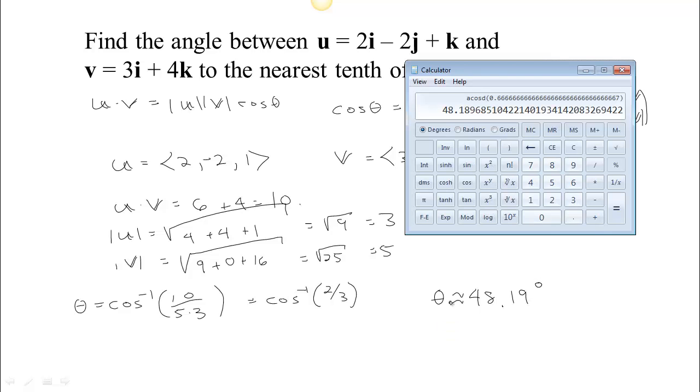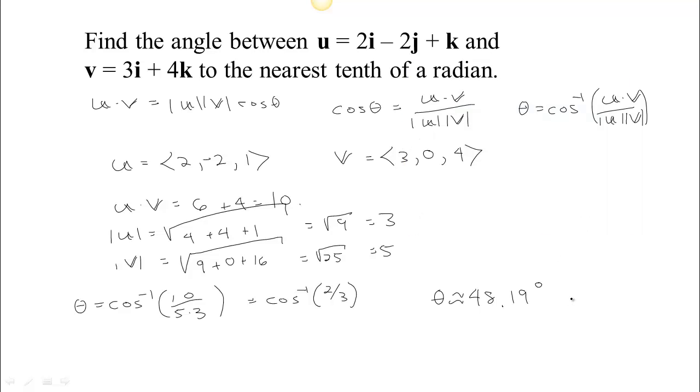Or if we wanted to put our calculator in radian mode, then we could calculate 2 divided by 3 and take the inverse cosine. We'd get about 0.841 radians. I'll just mark a little mark there so we know it's in radians.